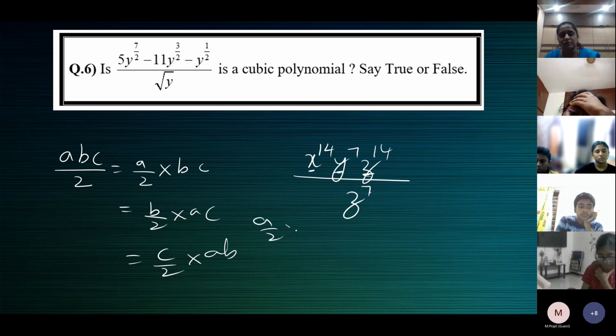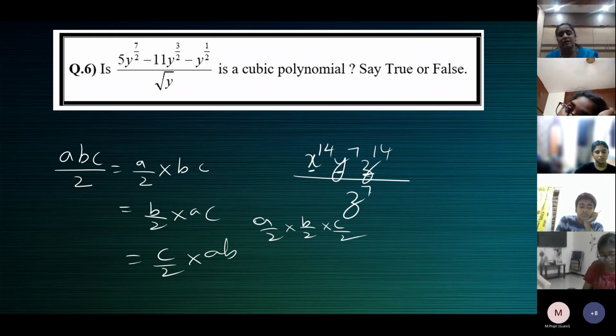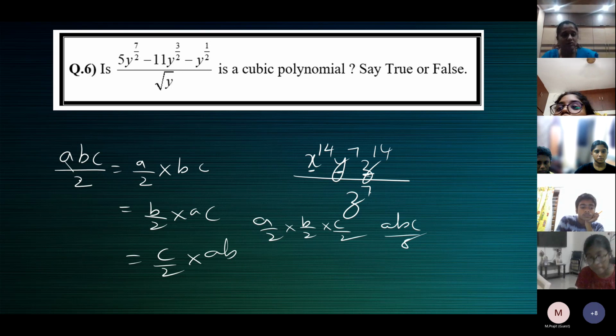It is not a by 2 into b by 2 into c by 2, because that will become abc by 8.